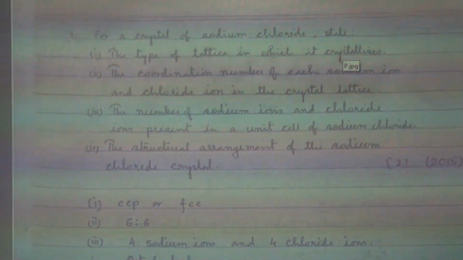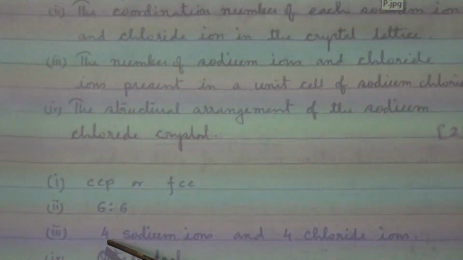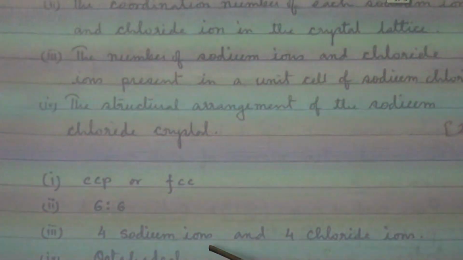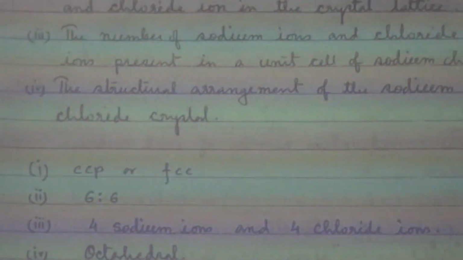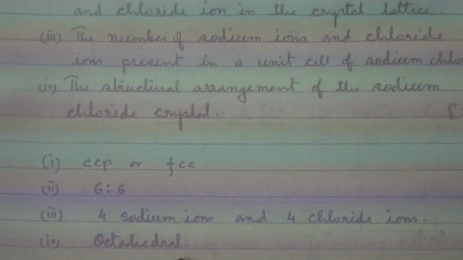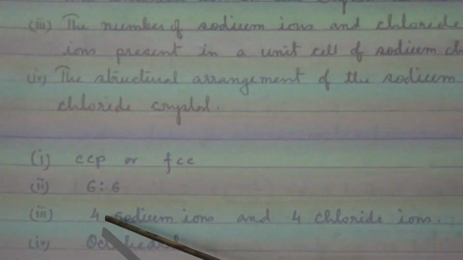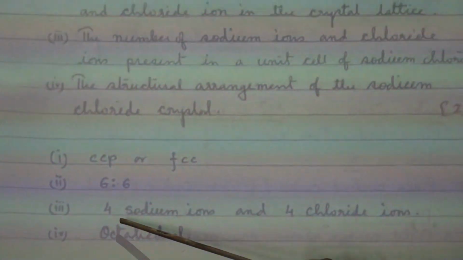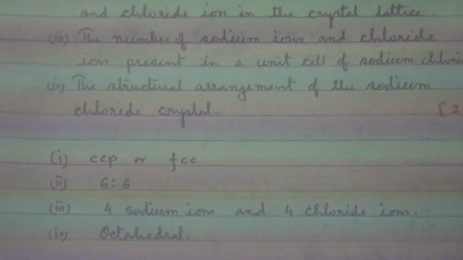Only one number is not enough to explain it. 4 sodium ions and 4 chloride ions are present in each unit cell. And the structure of the crystal is octahedral. Now let us go back and see how we calculate 4 sodium ions and 4 chloride ions.